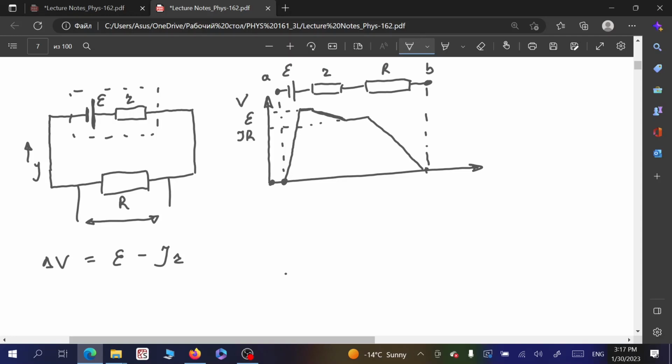So from here, if we want to determine the magnitude of electric current, that will be epsilon, which is the electromotive force, divided by the total resistance of the circuit. It will be the internal resistance plus the load resistance.